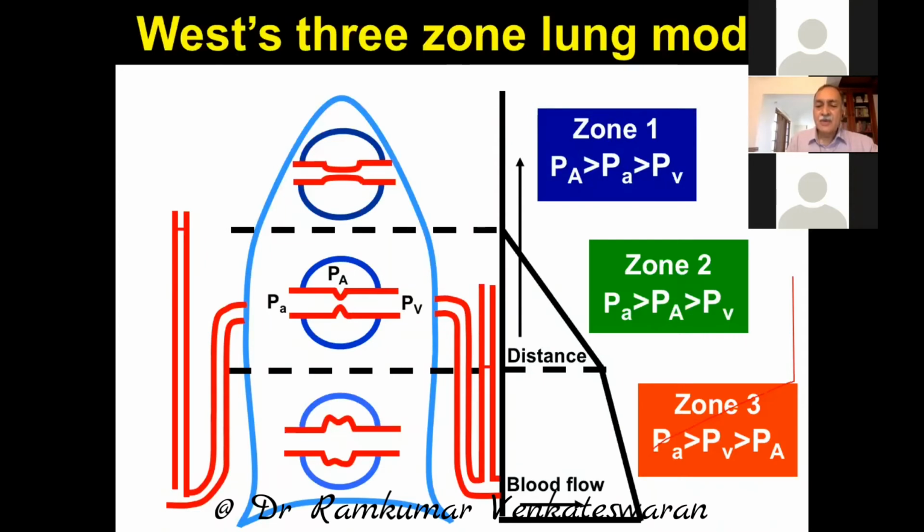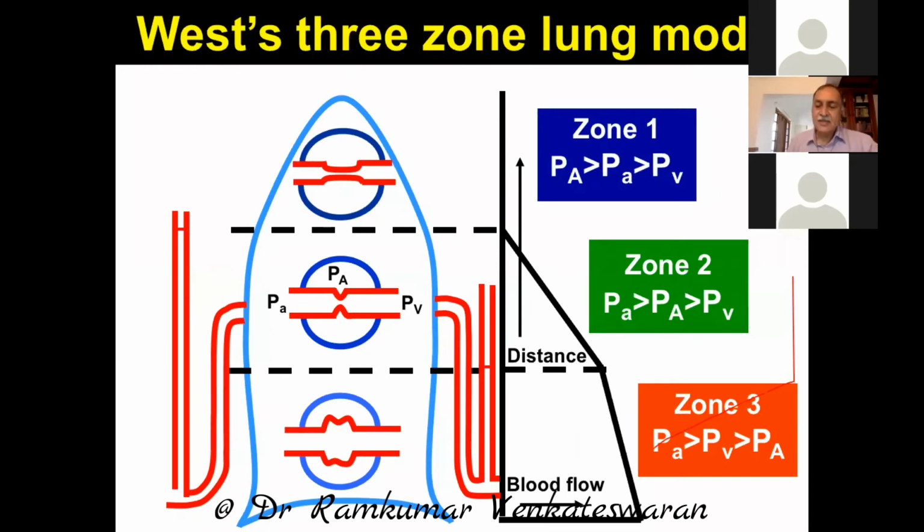And therefore, as we go down this zone, the blood flow increases, not because of a difference between the pulmonary arterial and the pulmonary venous pressure, not because of an interplay between these blood pressures and the alveolar pressure, but because the hydrostatic pressure in both these vessels is being increased.